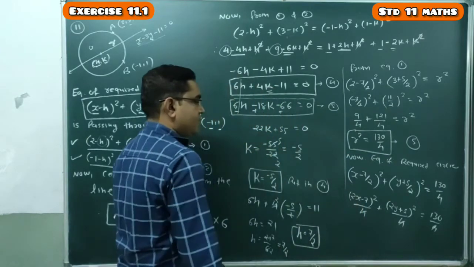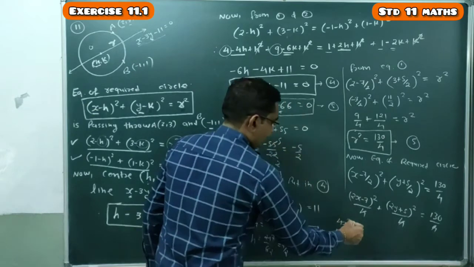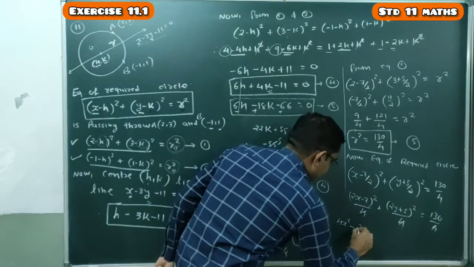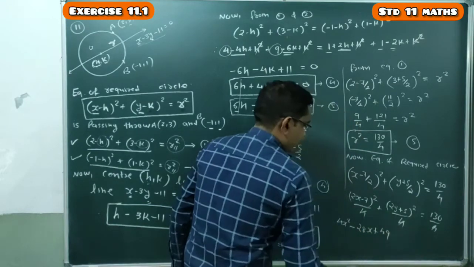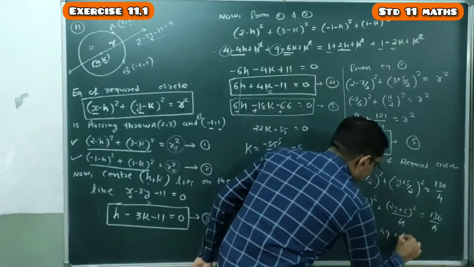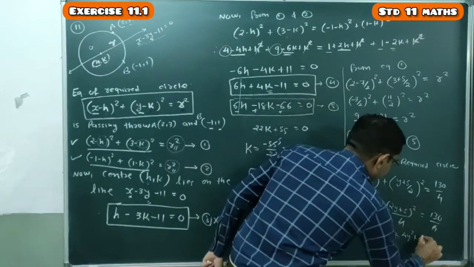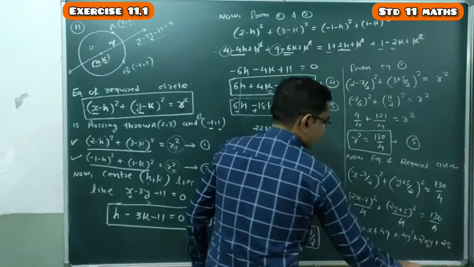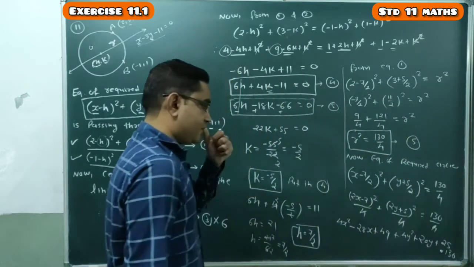So (2x minus 7) whole square will be 4x square minus 2 2s are 4, 4 7s are 28x plus 7 square, 49, plus (2y plus 5) whole square. So it's 4y square plus 2 5s are 10, 2 10s are 20, 20y plus 25 equal to 130. Done. We have done the expansion.